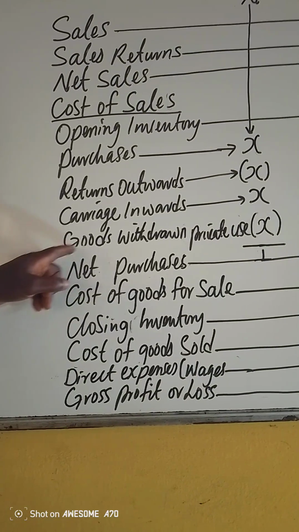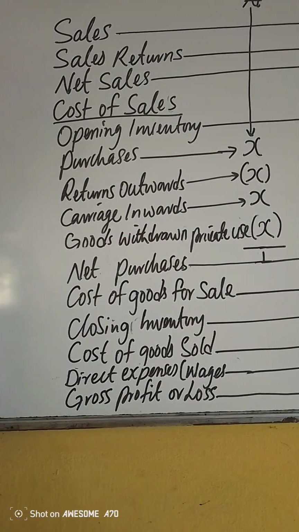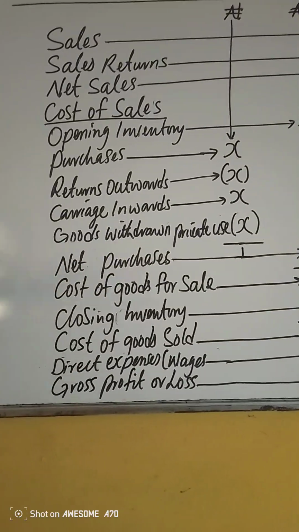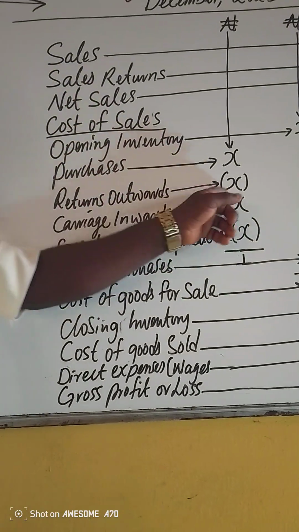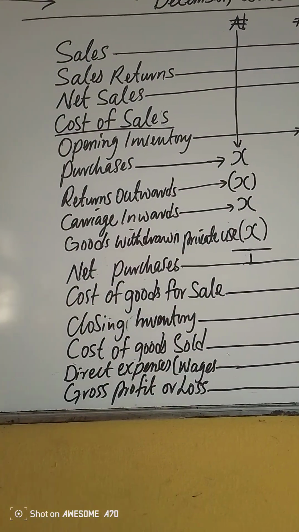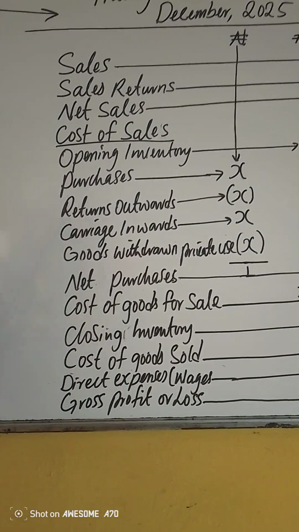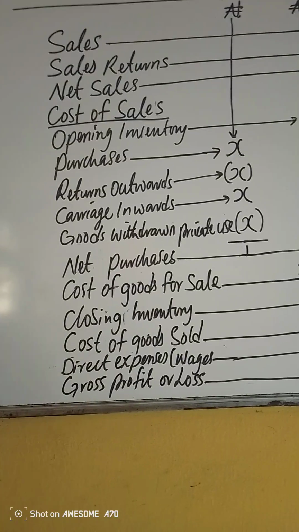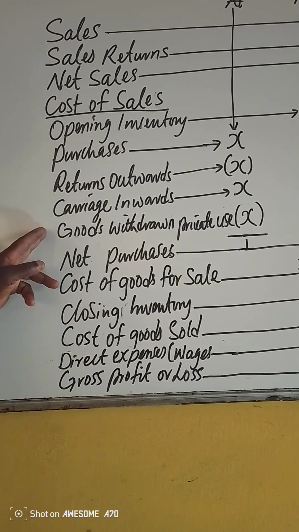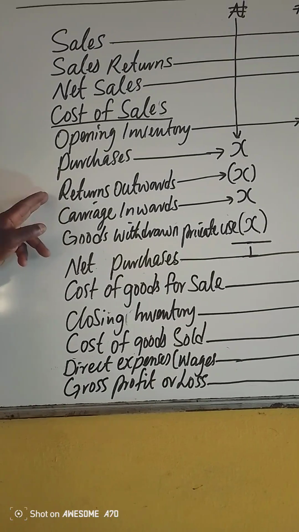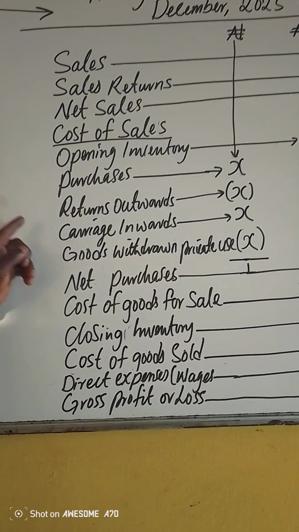Then the last one is goods withdrawn for private use. Mind you, I told you that goods withdrawn for private use will affect purchases. The purchases that were available after returning some, are still taken by the owner for private use. It means they will reduce the value of purchases. So principally at the foundation level, these are the three elements that commonly affect purchases: the return outward, carriage inward, and goods withdrawn.